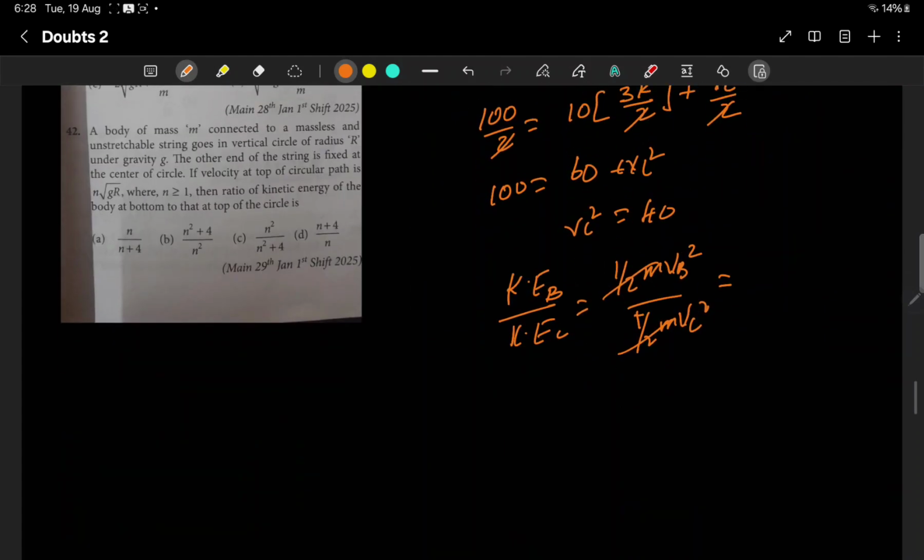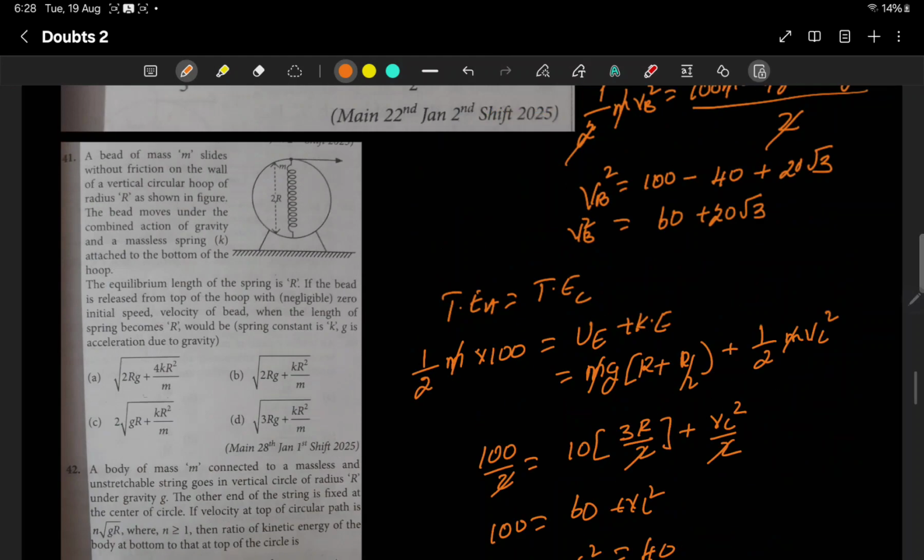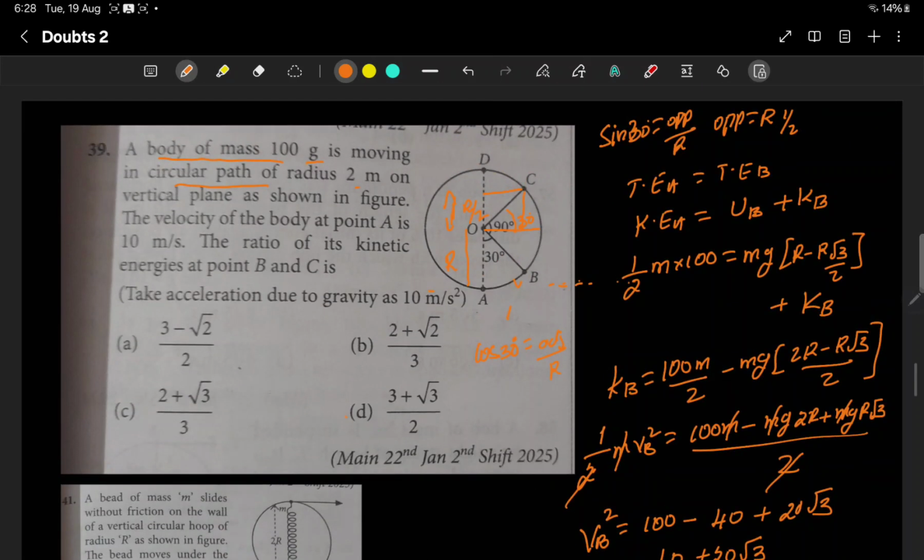So we have to divide this: 60 plus 20 root 3 whole divided by 40. Here we can cancel the zeros, and again cancel in the two table, and what you will get is 3 plus root 3 by 2. This is what I will get: 3 plus root 3 by 2.